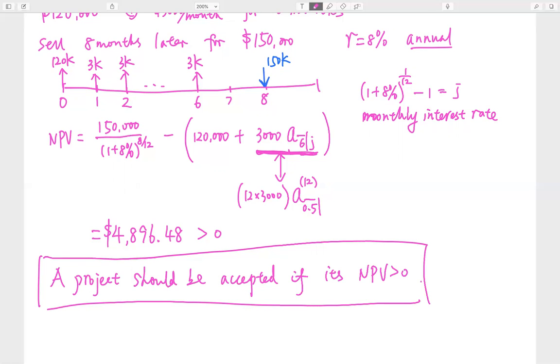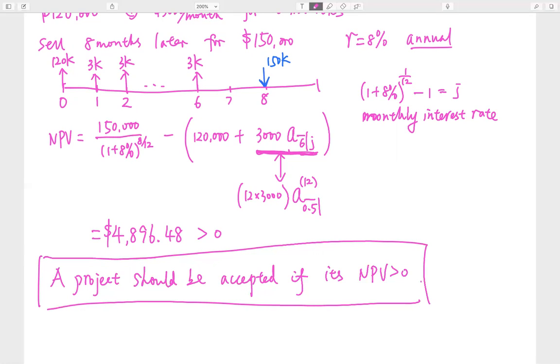But of course, given that there are multiple projects and given that you are likely constrained to some financial power, then you should pick the one that gives you the highest NPV, right? So if you have to choose one, but otherwise anything with positive NPV should be accepted.